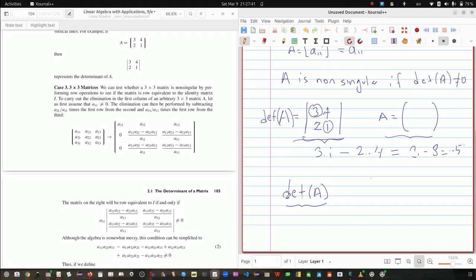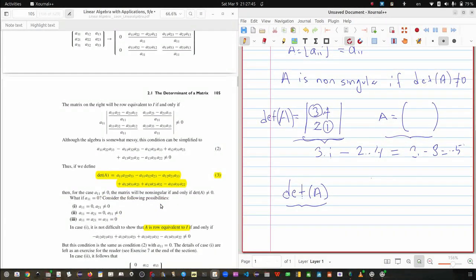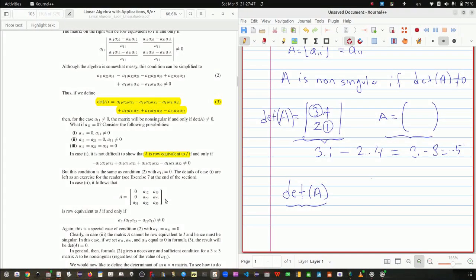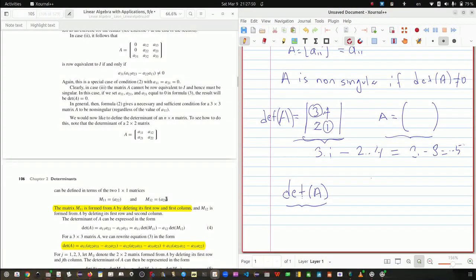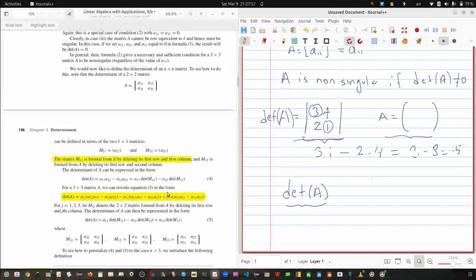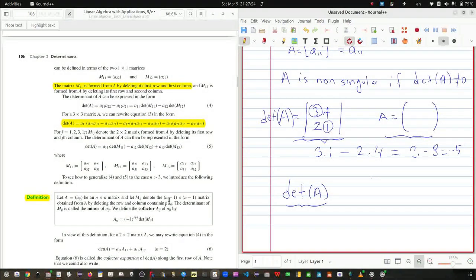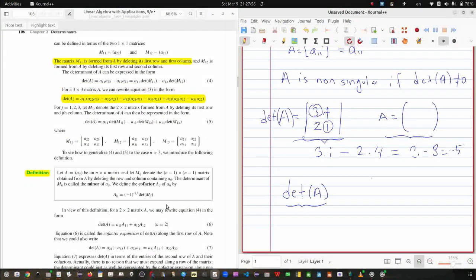If not 0, it's non-singular. That's it. So we will go back to the generalized formula for three-dimensional. In a three-dimensional matrix, we use a minor and cofactor to be able to calculate the determinant of the matrix. So let's go to the new page.